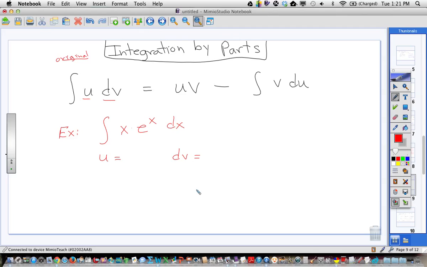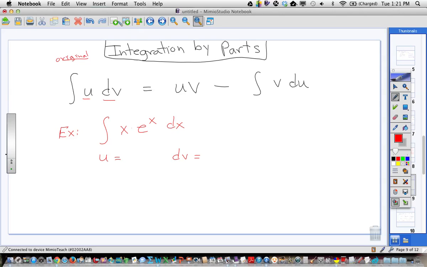Well, if we think about that hard enough, and people already have, luckily for you guys, we can have a nice little acronym that can help us decide what we should pick for our u, and therefore the rest be the dv. But again, the guiding principle is this. The thing you pick for the u is something that's easy to do the derivative of, but more importantly than that, the thing you pick for the u is something you don't want to have to do the antiderivative of.